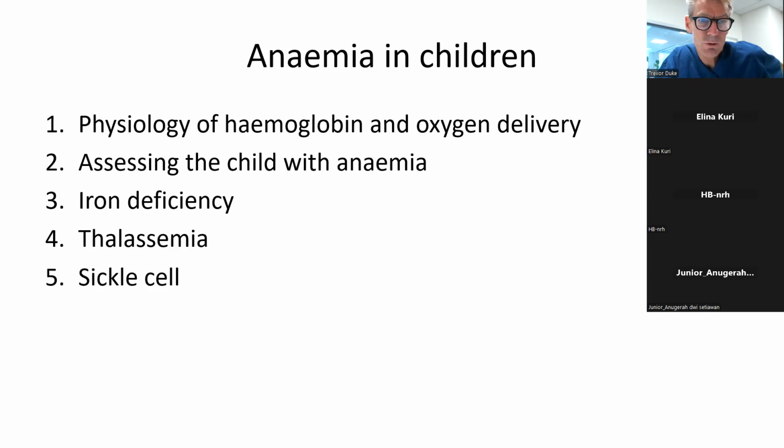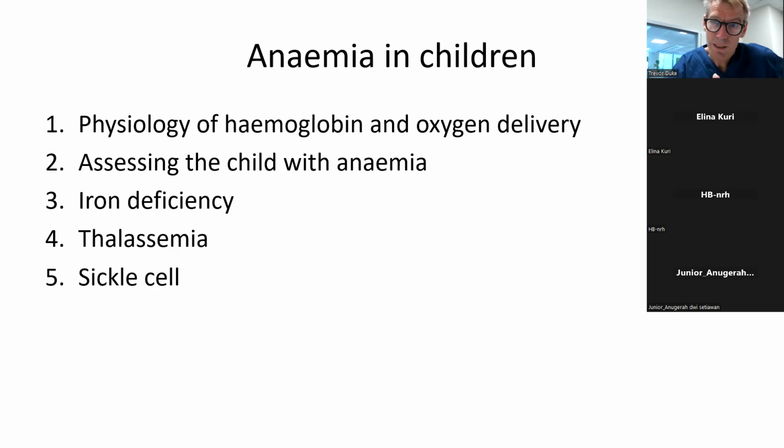So today we'll talk about the physiology of hemoglobin and oxygen delivery. Just briefly on that, we'll talk about how to assess the child with anemia or the very pale child. We'll speak quite a bit about iron deficiency because it's such an important cause of anemia. And I want you to understand quite a bit about iron physiology and how the body deals with iron.